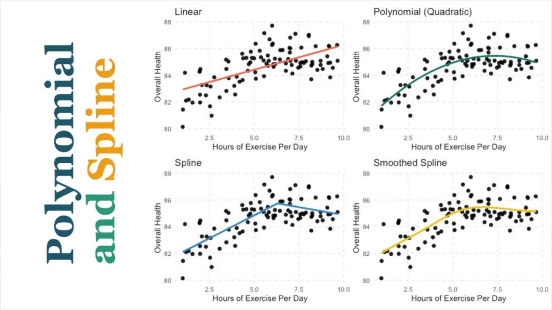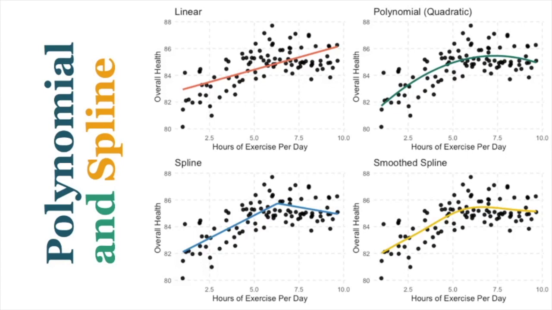And then the next one over is the polynomial with just a quadratic effect in there. This one fits the data pretty well, where you see it is saying that if you're exercising a few hours and you increase how much you exercise, it's going to benefit your health. But then somewhere around 7 hours-ish looks like the peak, maybe 7.5.